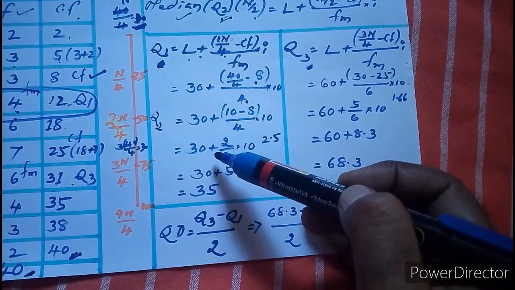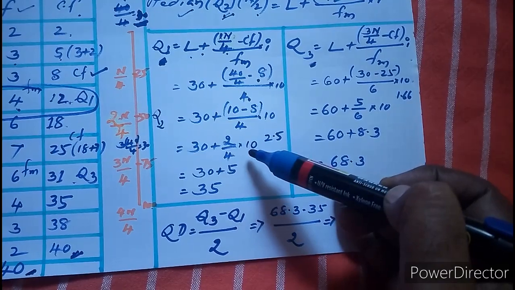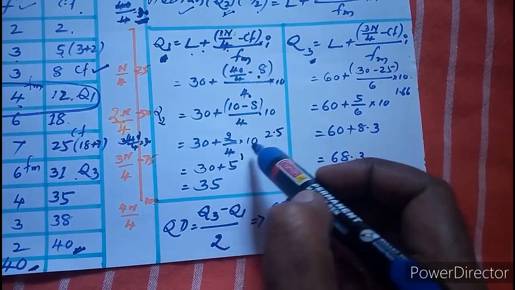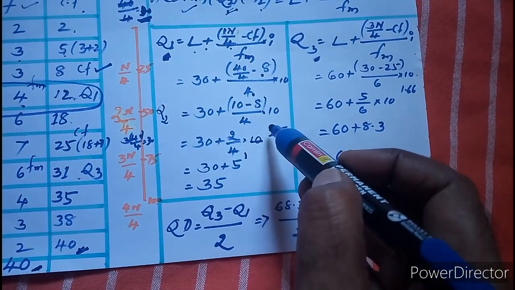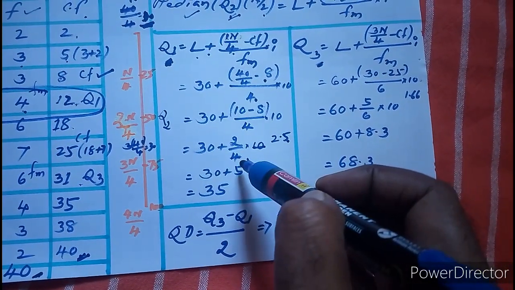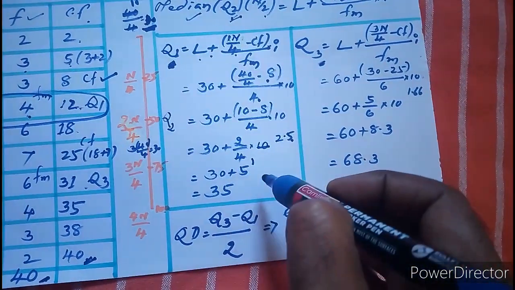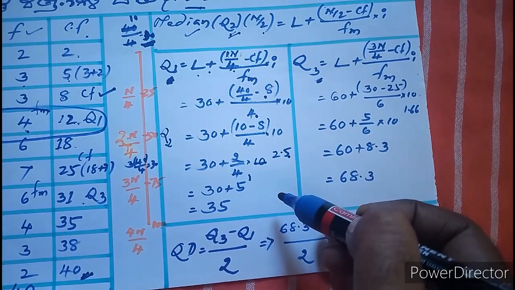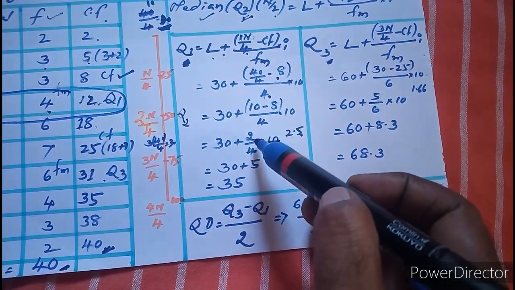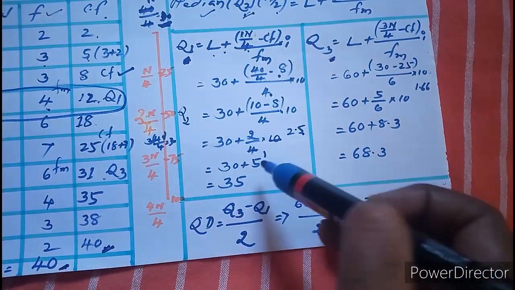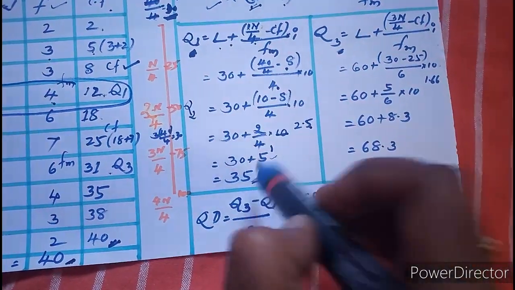Then 30 plus 2 divided by 4 into 10. 2 divided by 4 is 0.5. Then you multiply 0.5 into 10, that is 5. Then 30 plus 5 is 35.